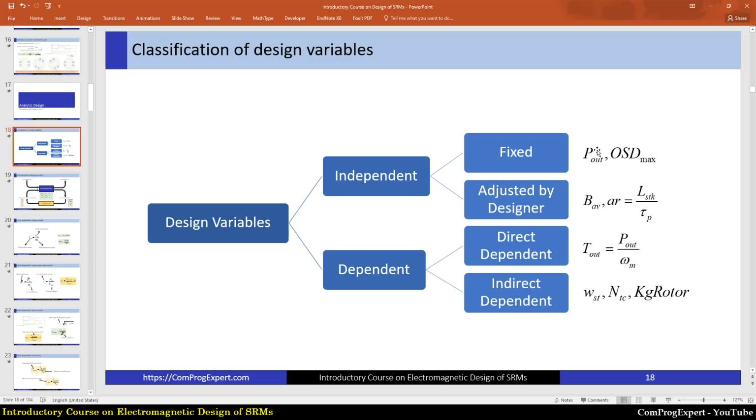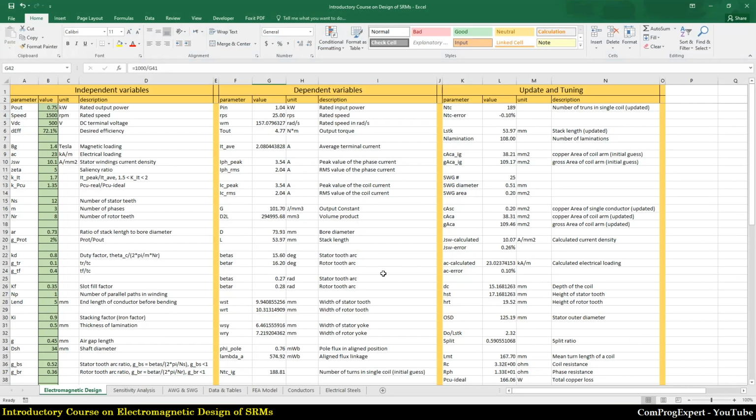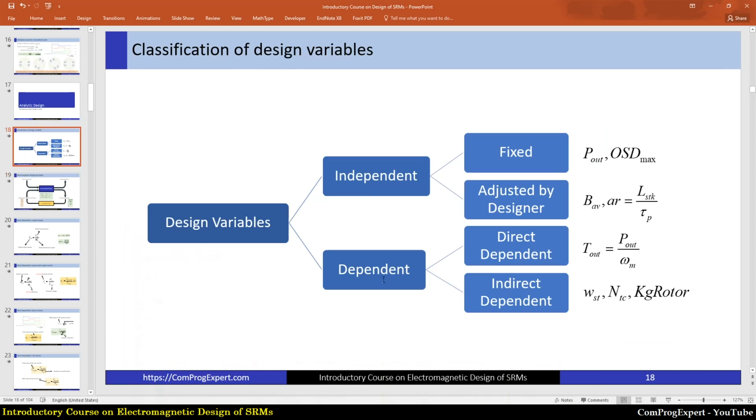A detailed explanation is available in other courses also. You can refer to those videos, especially the induction motor design course. We discussed this slide and also the electromagnetic design procedure in detail. The Excel file is based on this categorization.